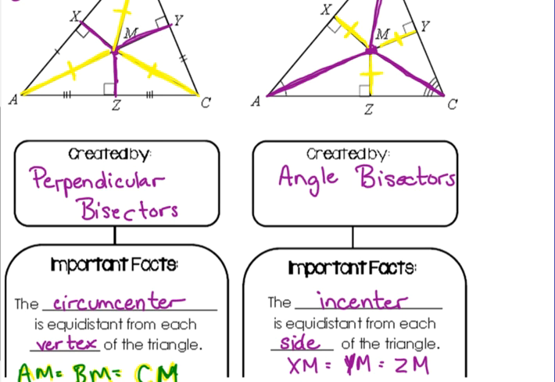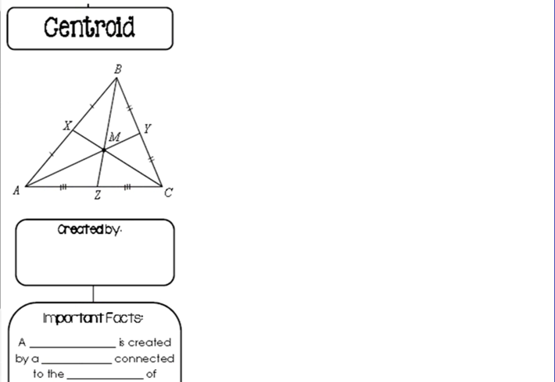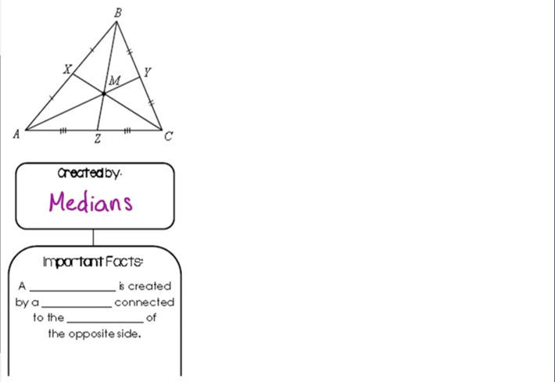All right, let's go over the last one, and then we'll talk about how you can keep these separate, how you can help remember what each of them is. The last one is the centroid. It is created by these segments here, medians, and we'll write it here in these blanks.